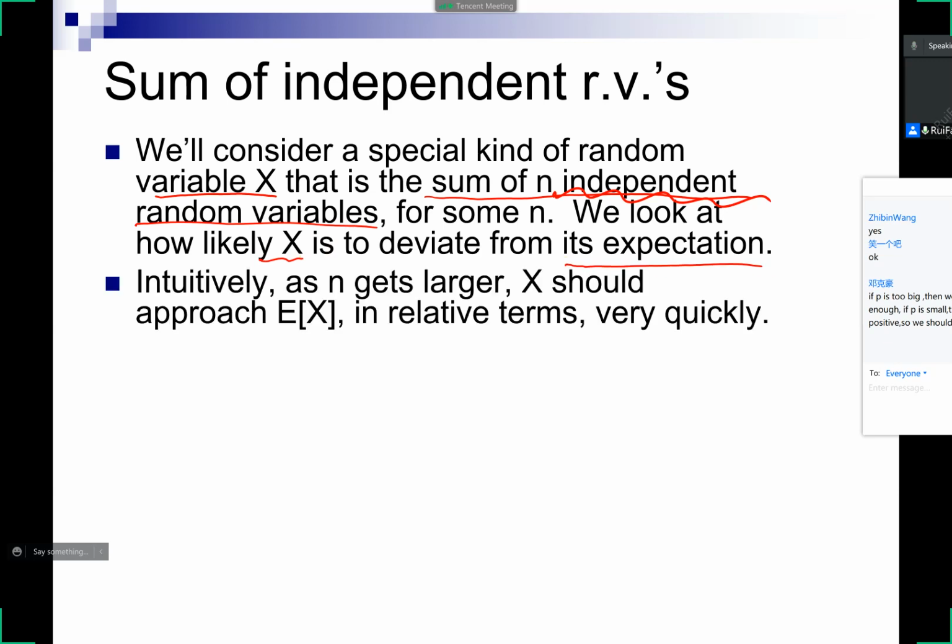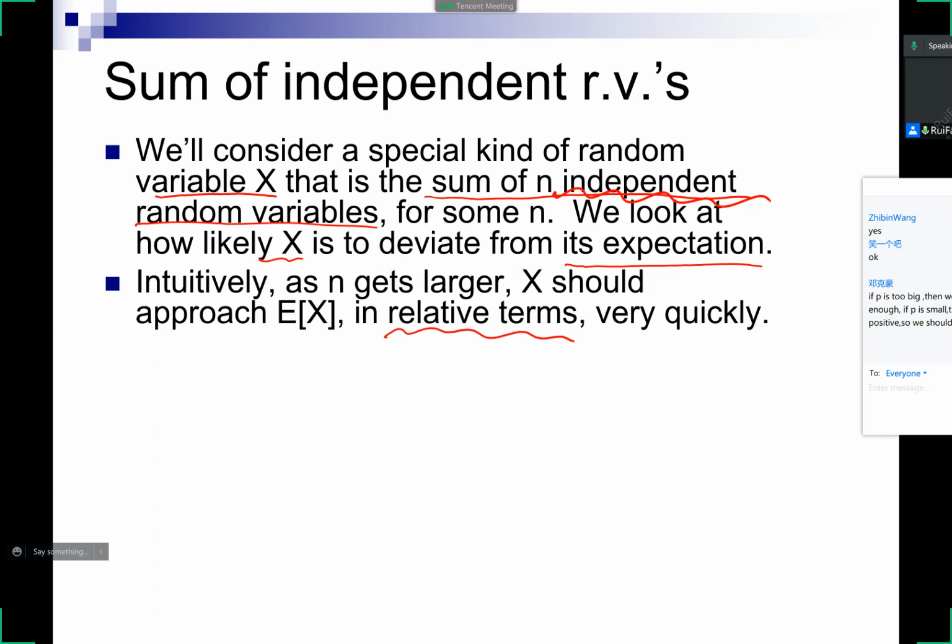The intuition is that the larger n is, the more random samples you take, the more you expect x to be similar to its expectation. If you take n to approach infinity, then you expect x to exactly equal its expectation. And so as you make n larger, x should approach its expectation very quickly, at least in relative terms.